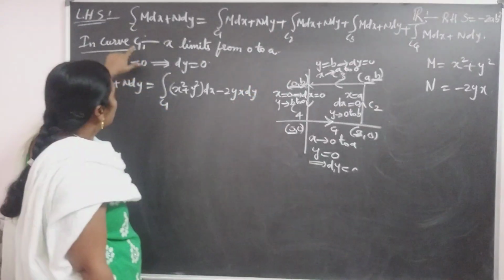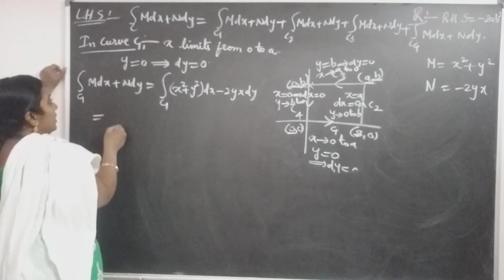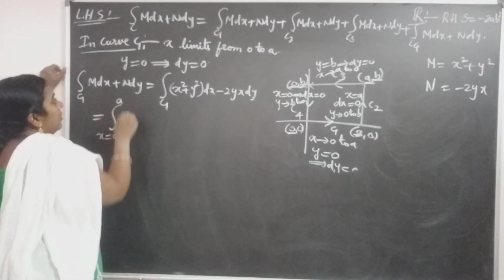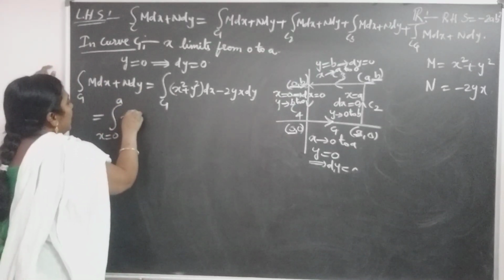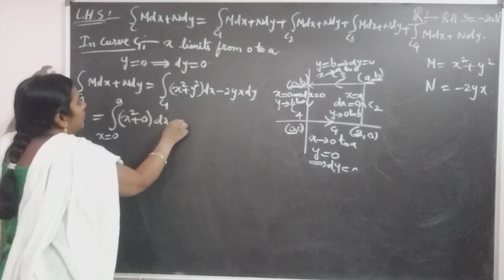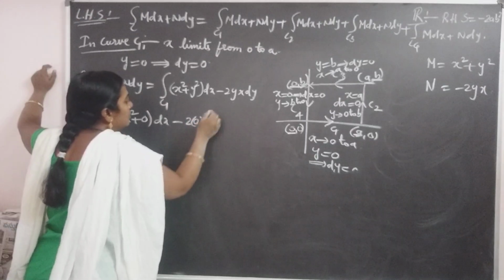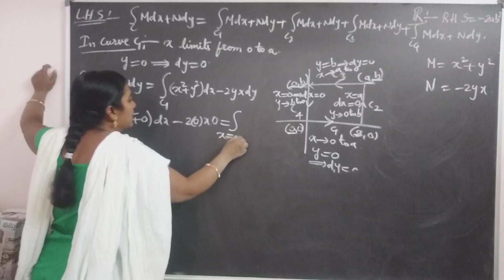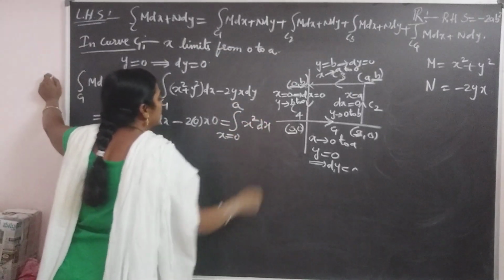Substituting these values in curve C1, it is equal to x from 0 to a of x square, with y value 0, into dx minus 2 into 0 into x into 0, so it is the integral x from 0 to a of x square dx.